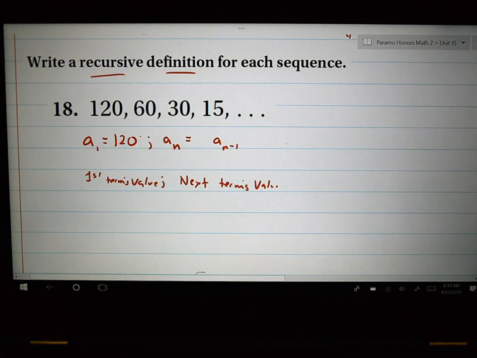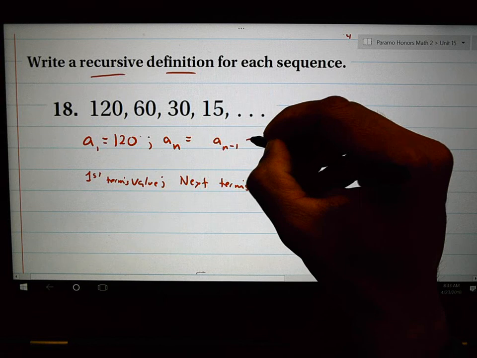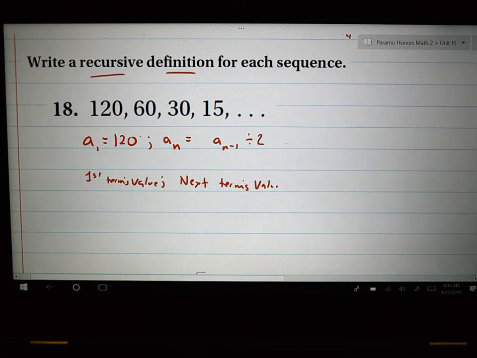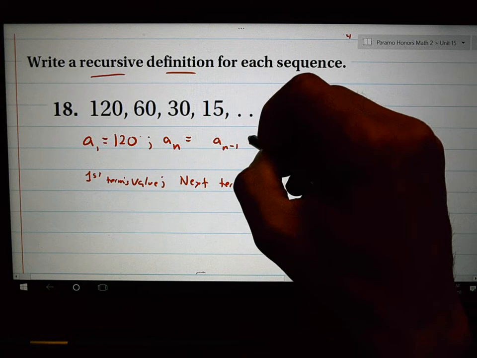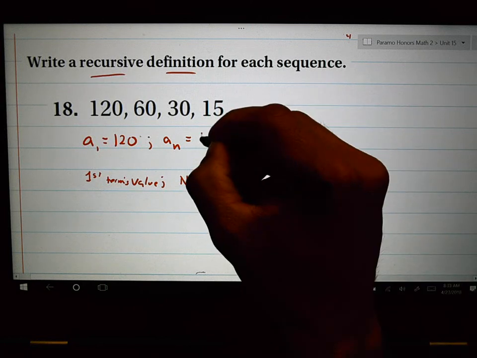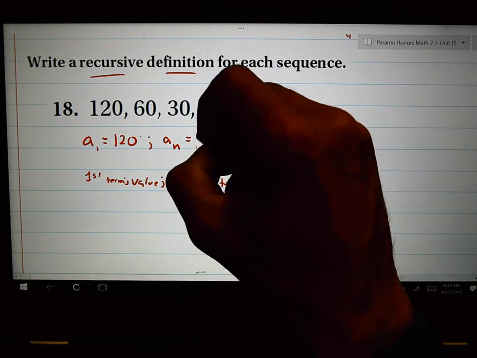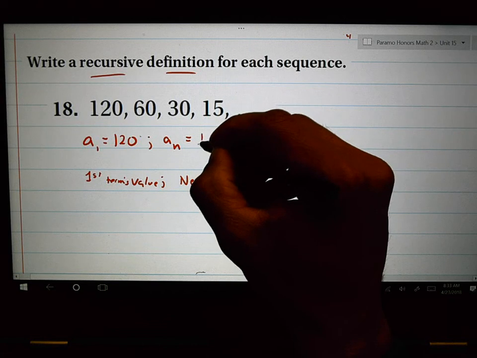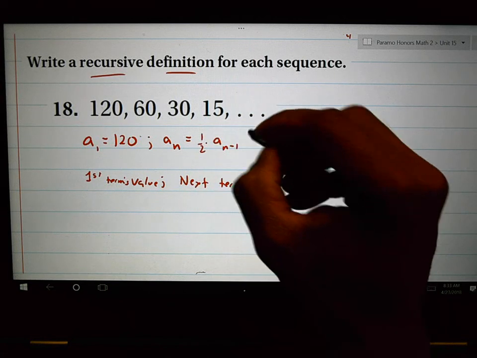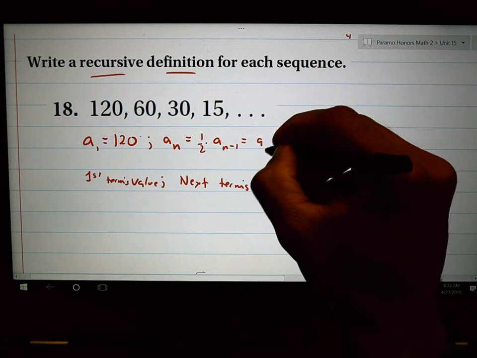You can write, you're dividing it by 2. Some of you may not want to write dividing by 2. Some of you maybe want to multiply by 1/2. That means the same thing, by the way. Either answer is correct, whether you did half of it, or if you did A of n minus 1 divided by 2.